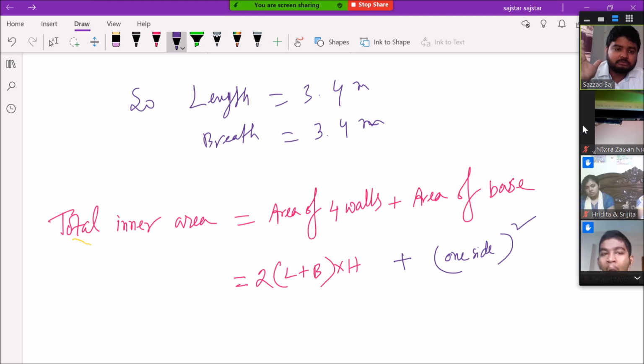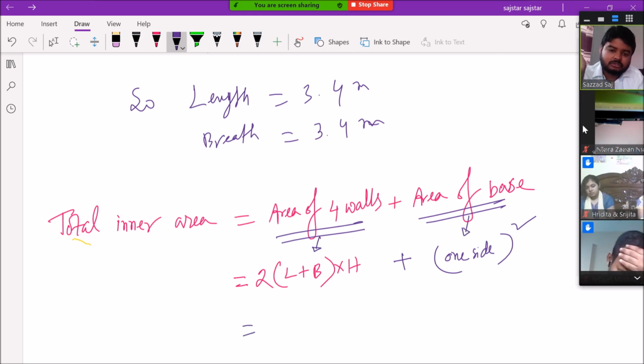So do you have any confusion here? Please, if you have, raise hand. First of all, area of 4 walls. Second, area of base. So write down the simple formula here. Now input the values. 2 into, what is the length? We have got the length is here 3.4. So input the value 3.4.